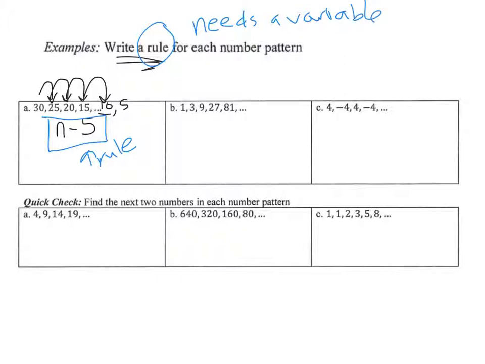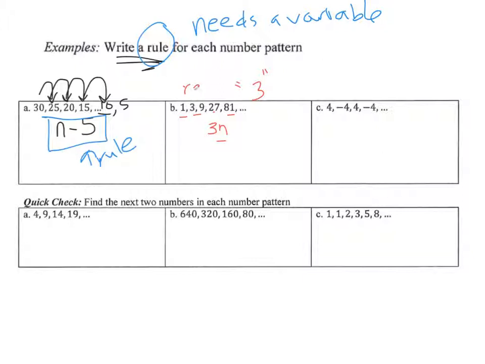And the next one, what's going on with this pattern? I'm noticing that there are numbers that are divisible by 3, so I know it has something with a 3 in it. Is it being multiplied by 3? I'll try 3n. If my rule is 3n, then for the first term I plug in 1 for n and I get 3.